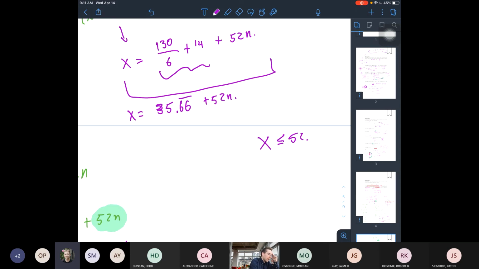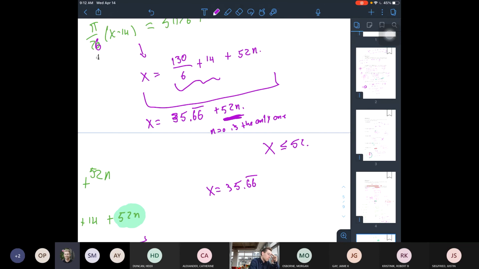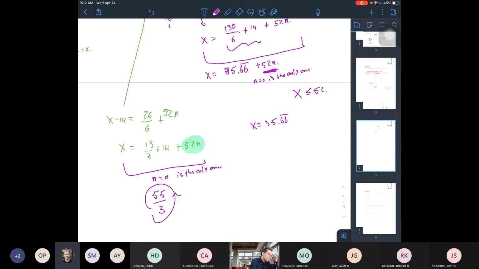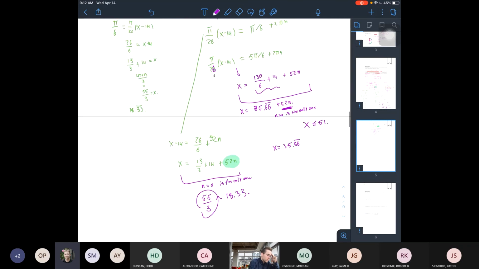And if we add 52 to 35, we'll get a number which is larger than 52. So again, n equals 0 is the only one that makes sense. So it turns out that x equals 35.66 is also a solution. So there are 2 weeks in the first year where 25,000 bananas are sold.